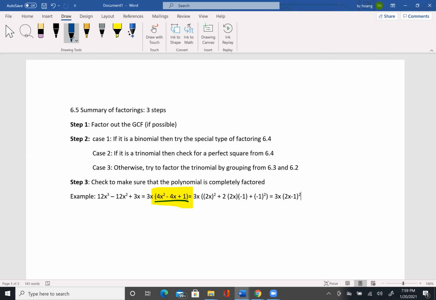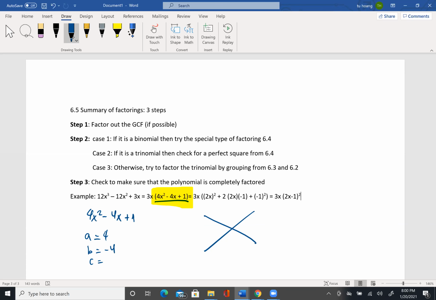Let me pull out 4x squared minus 4x plus 1 over here, and I try to factor this one. So I would like to have A, B, and C. A in here is 4. B in here is -4, right?